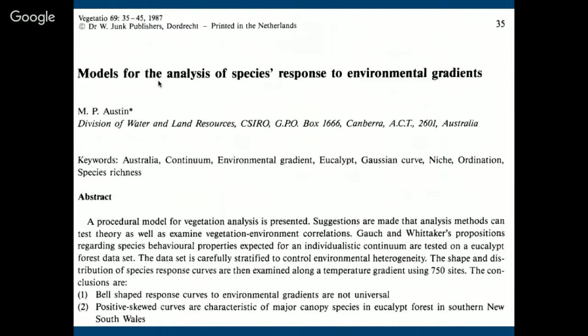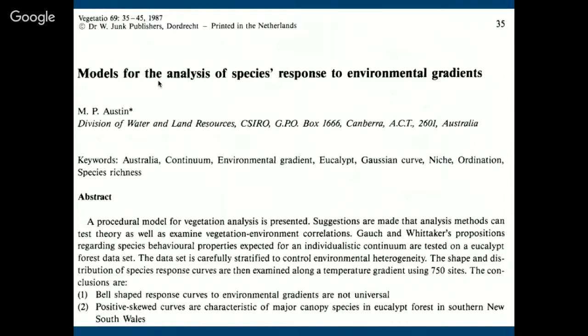And certainly the early light in this area is Mike Austin, but this area of work has seen considerable subsequent development. Just to name a few names, Wilfried Thuiller, Jane Elith, several other people have added massively to essentially this idea of statistical analysis of species responses to environmental gradients.